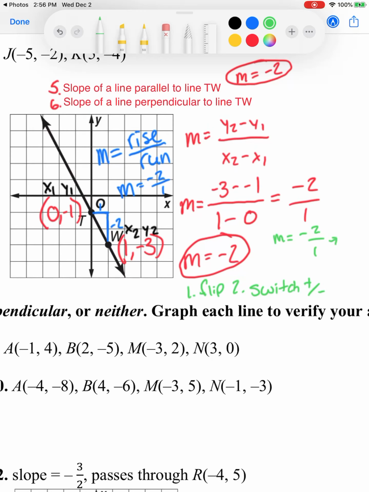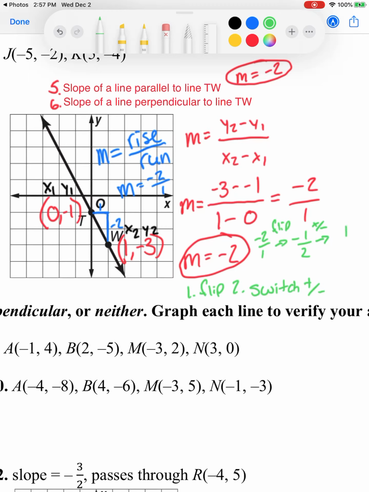Now if we flip it, oh, I kind of ran out of room there. But anyway, our original slope was negative 2 over 1. When we flip it, we're going to get negative 1 over 2. So that's flip.